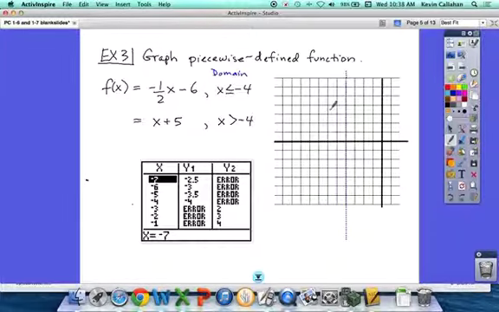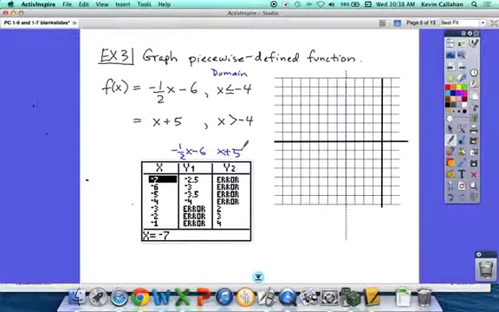Now, I put both of them in my calculator, right? This is the negative 1/2 x minus 6, and for the x values of -7, -6, -5, -4, these are the y values, right? And then on the next line, I put in the x plus 5.